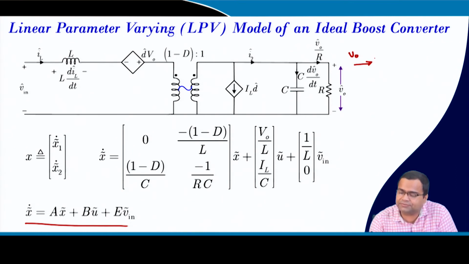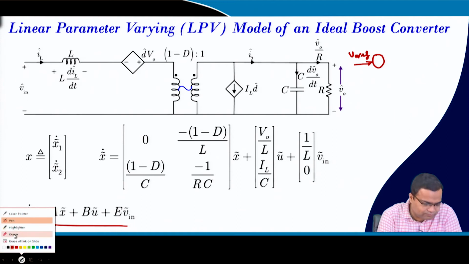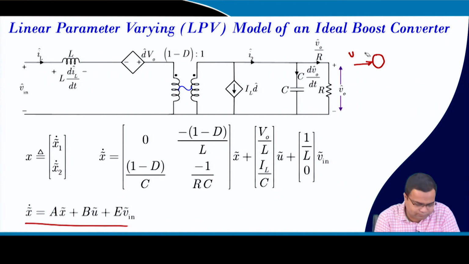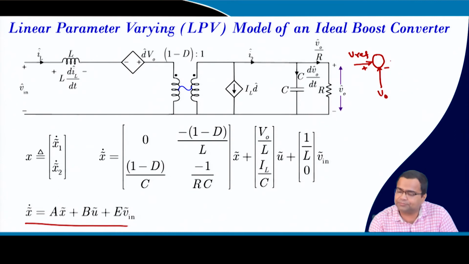output voltage feedback, sorry, this is my reference voltage. So, this is my reference voltage, this is plus, and this is, let us say, my output voltage. So, I am not drawing the complete circuit.